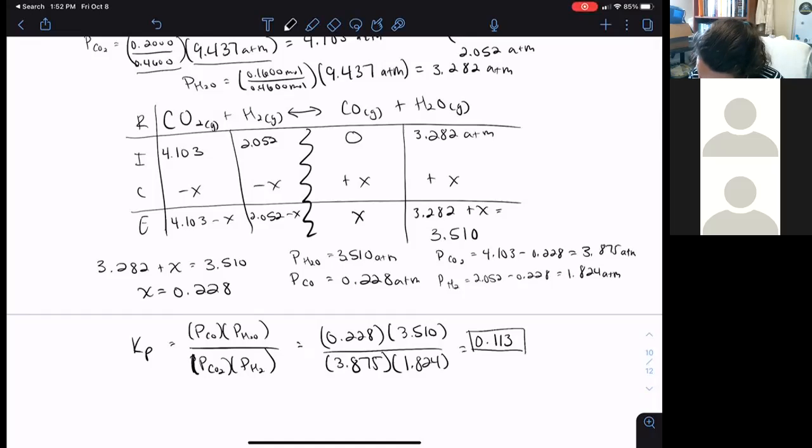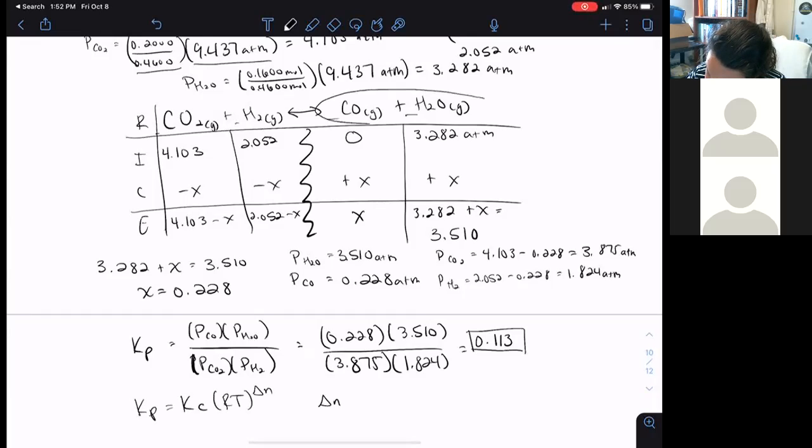And for our Kc, we do Kp is equal to Kc (RT) to the delta n. As a note, our delta n, these are all ones right here. So we do 2 here, 2 here. So 2 minus 2 gives us 0.